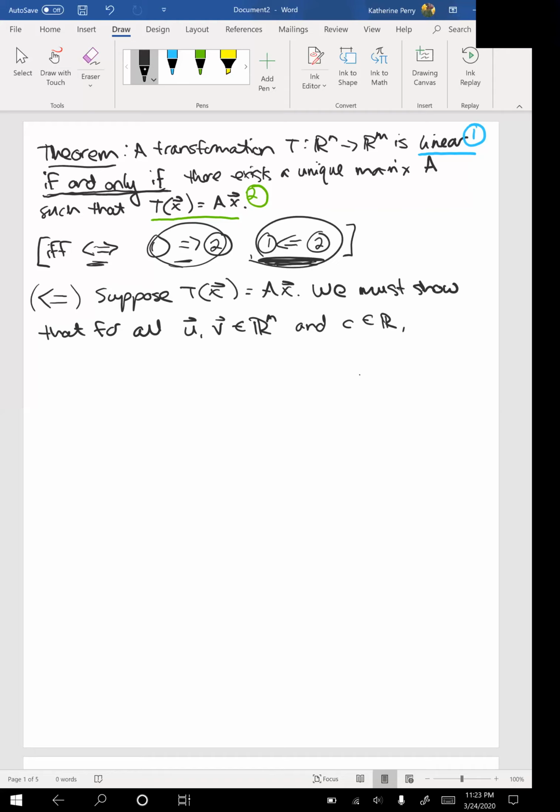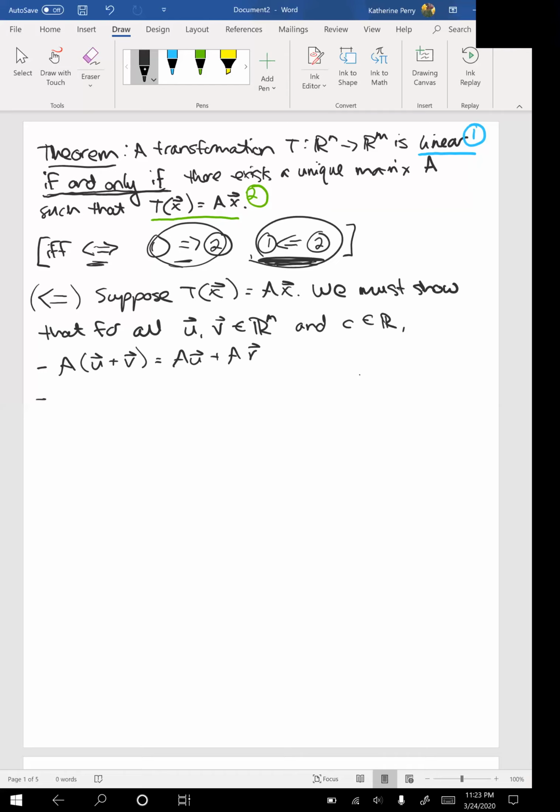So I need A times u plus v to equal A times u plus A times v, that's property 1.